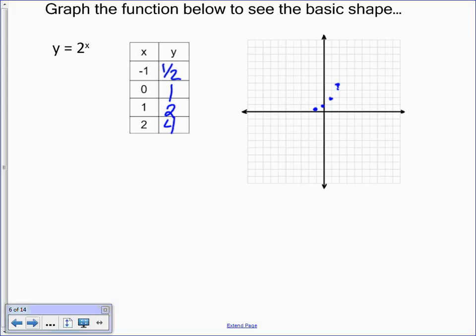So I'm going to investigate what happens if x continues to increase in the positive direction. So let's say I went from 0 to 1 to 2. What if x is 3? What's y? 2 to the third. 8. 2 times 2 times 2.